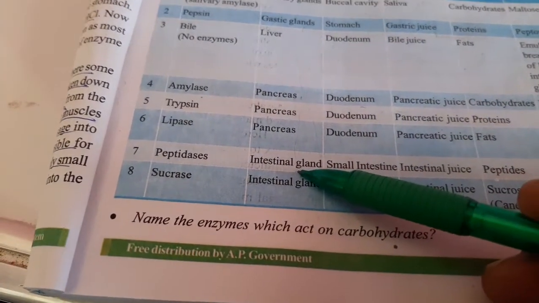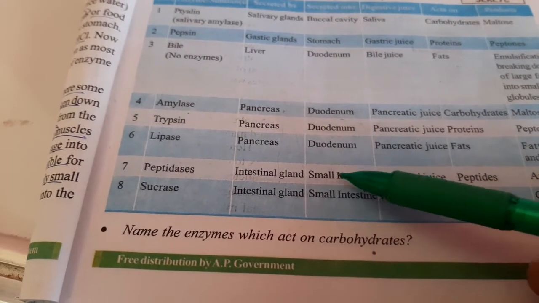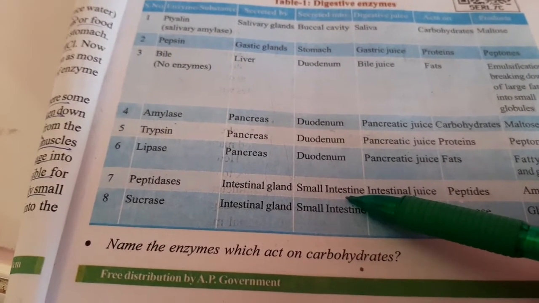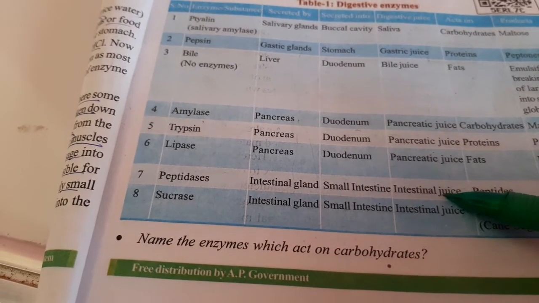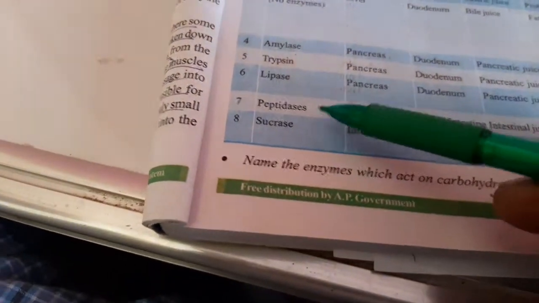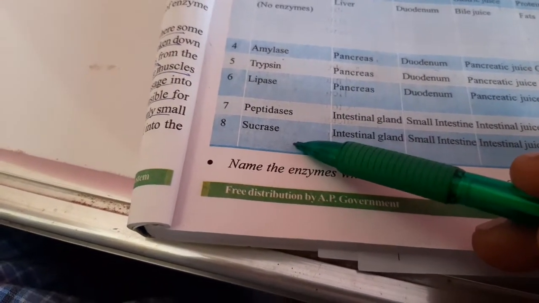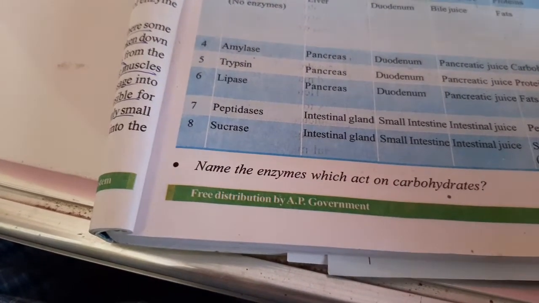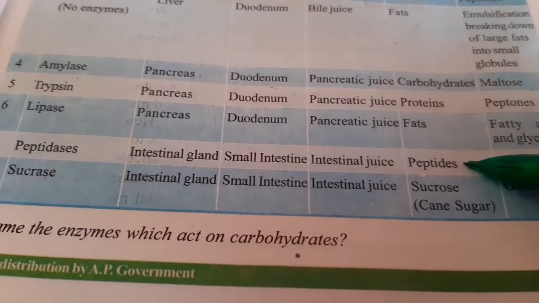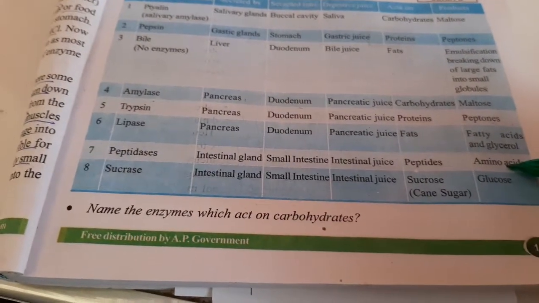And intestinal glands. The glands present in our intestinal part. So they located in our small intestine and produce intestinal juice, and intestinal juice contains enzymes, peptidases and sucrase. So this peptidase enzyme acts on peptides and converts the peptides into amino acids.